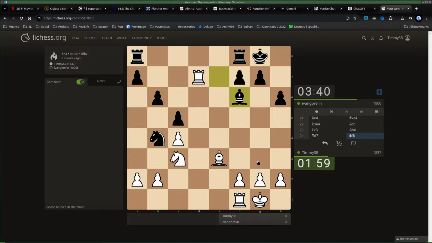Yep, that is one in truth there. I don't know. It looks like I'm losing again. Still losing a pawn here. Damn it.